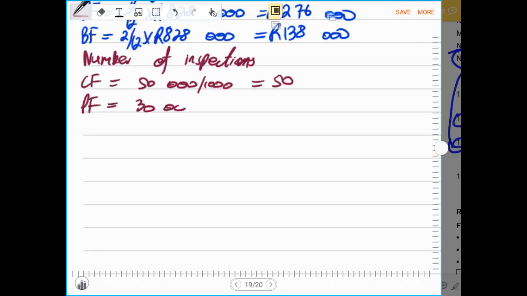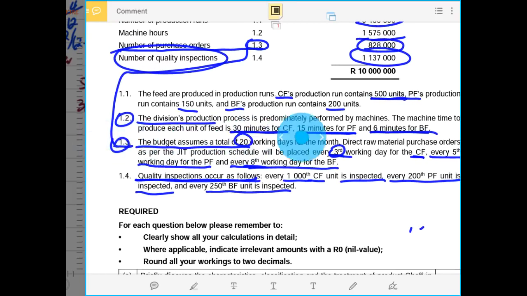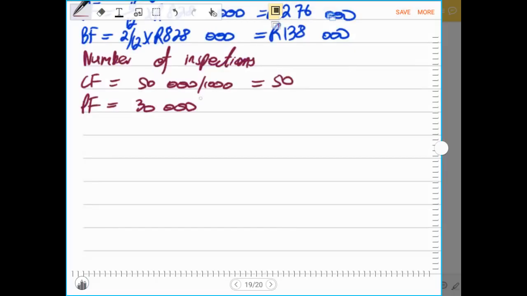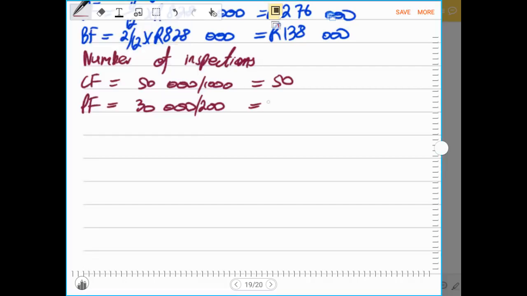We have 30,000 for the second product, and inspection occurs every 200 units. So it will be 30,000 divided by 200. It becomes 150 inspections.